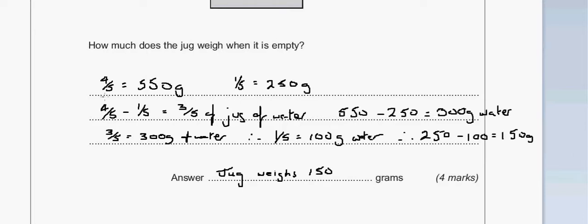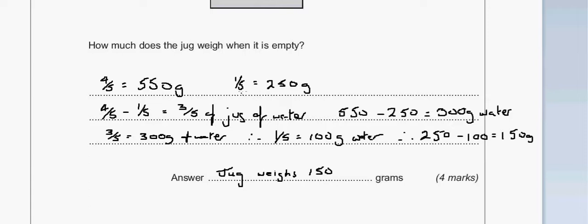So remember, if the jug and the water weigh 250 grams and then you top it up with another 3/5 with water, this is all water. This extra 300 grams that we're pouring in is all water.